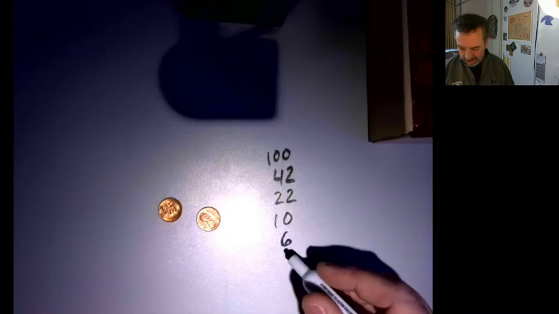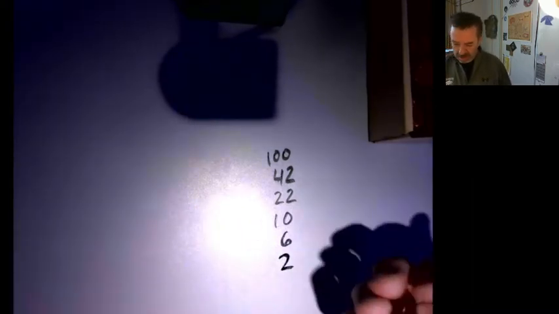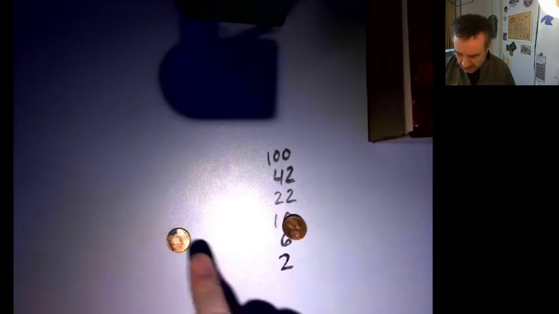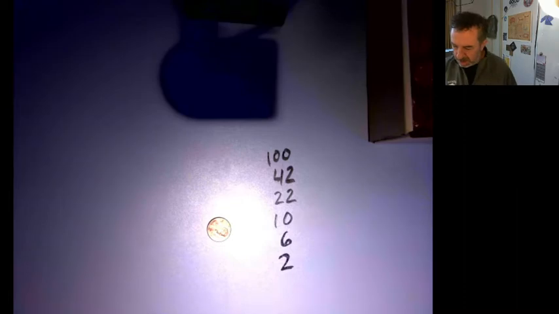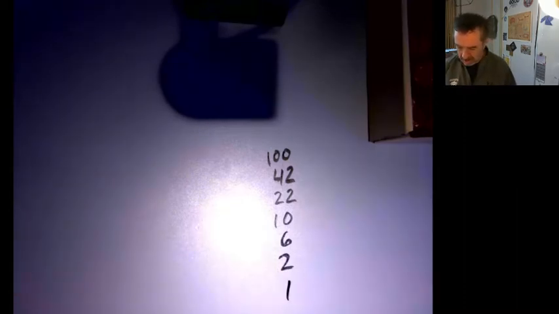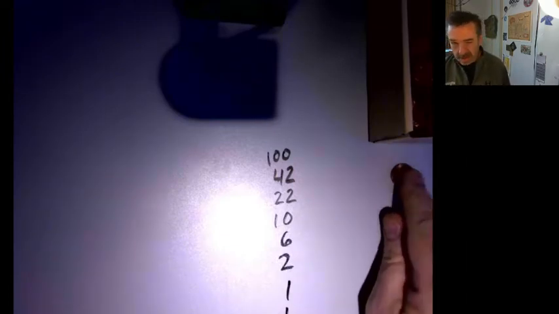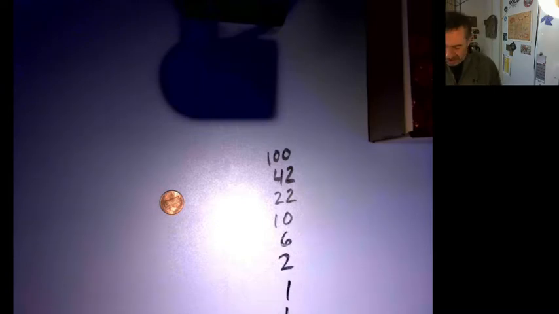This trial I got 2. Let's try it again. Let's take these 2 and put them down. Oops, one was heads and one was tails, so it went to 1. Let's flip this again. It went to 1. Flip it again. Off camera, but it went to tails. So finally I got to 0.